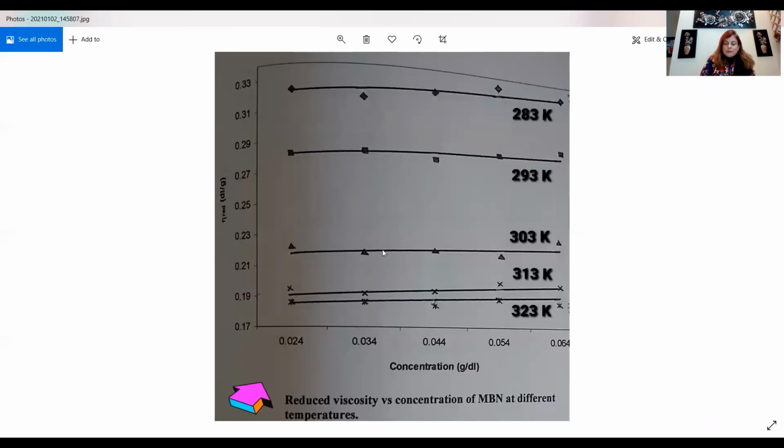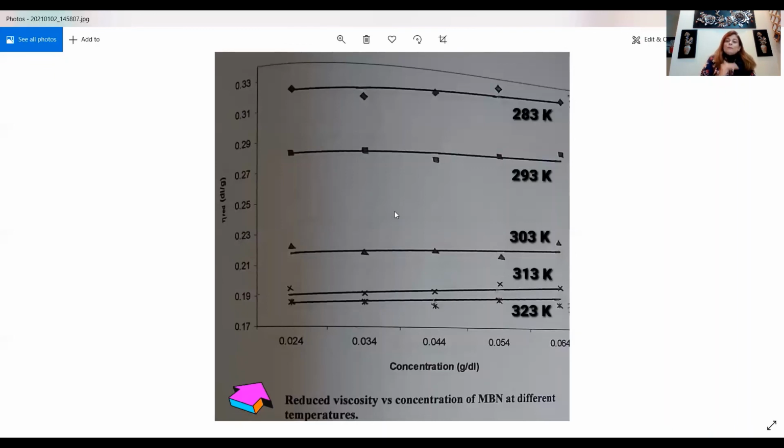We observe a decrease in the viscosity. Also, at raised temperatures, the free volume of the solution increases, facilitating the jumping of the molecules.